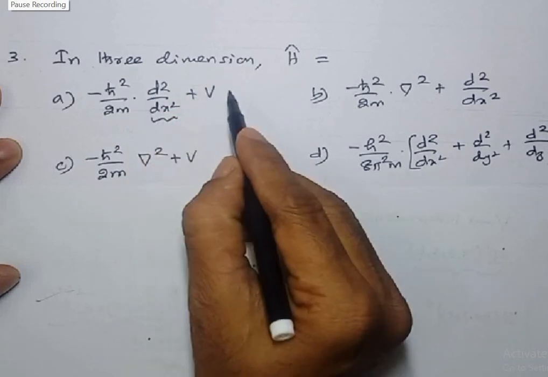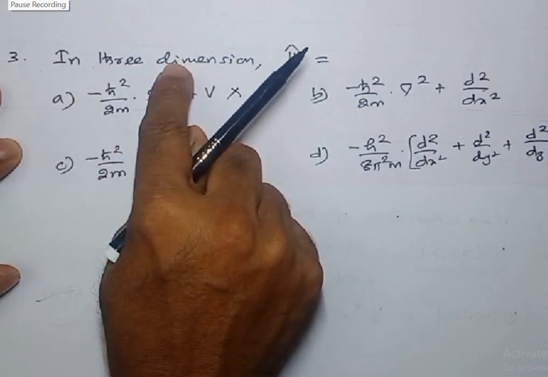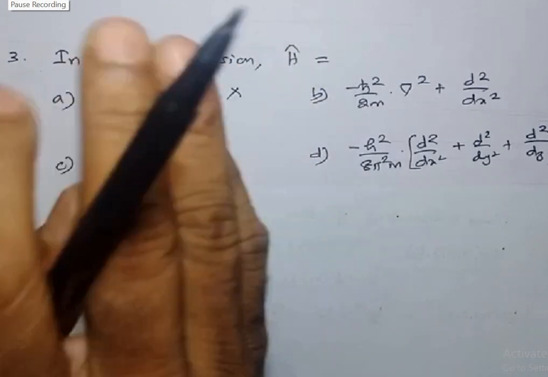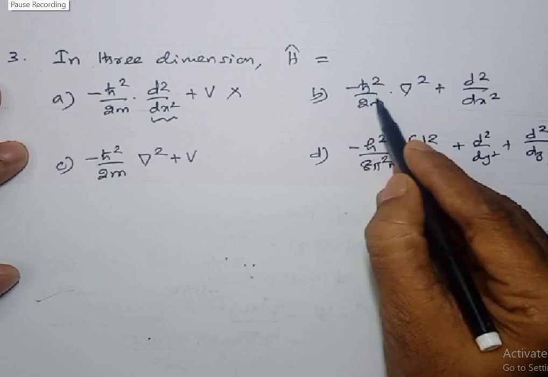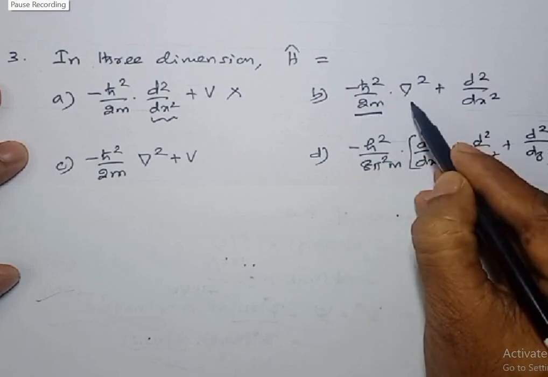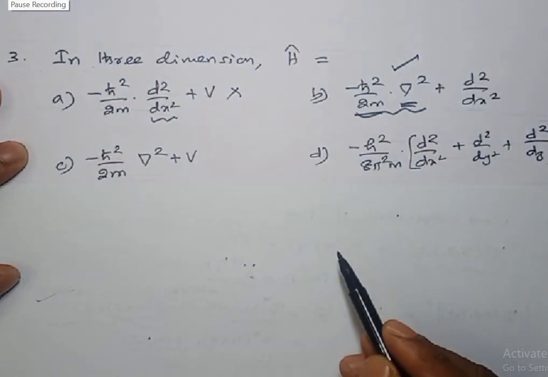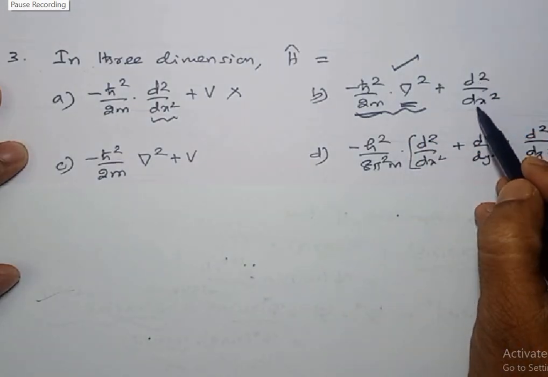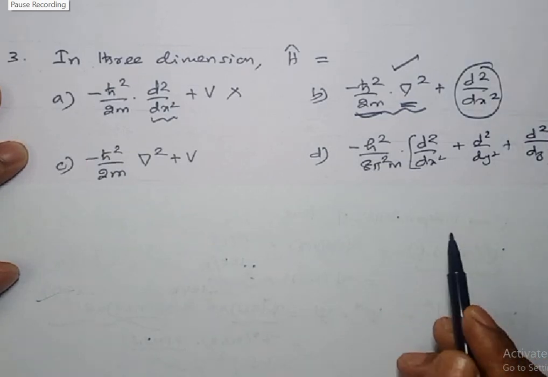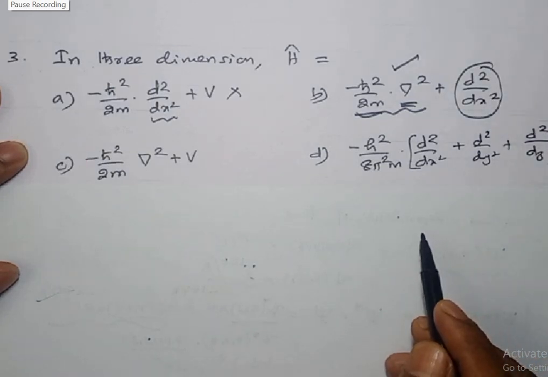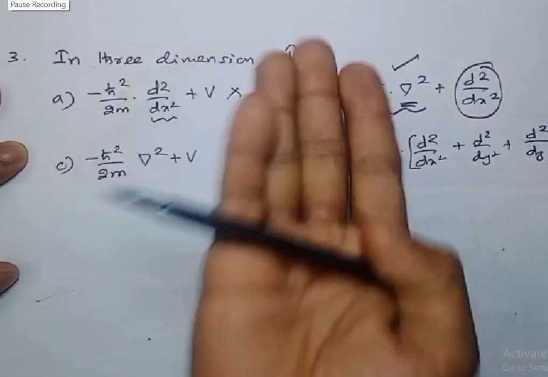So this cannot be the answer, because the question clearly says it is 3 dimensions. Now here minus h bar square by 2m, yes, this part is correct. Del square, yes, kinetic energy operator, is correct. But d square by dx square, listen, this is not the potential energy operator, because potential energy is not given here.